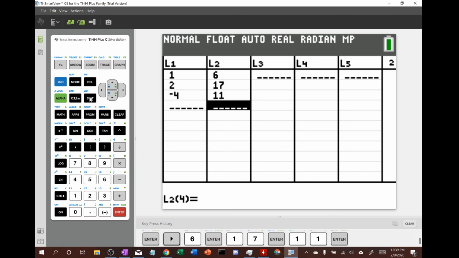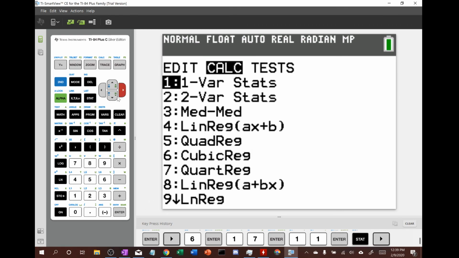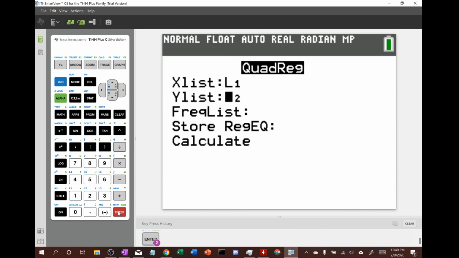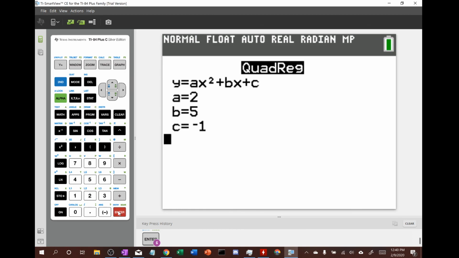And then we will hit Stat, Calc, and we're going to go down to option 5 for Quad Reg or Quadratic Regression. Hit Enter, Enter, Enter, Enter, Enter, and Enter. And here you go. Y equals ax squared plus bx plus c, where a is 2, b is 5, and c is -1.